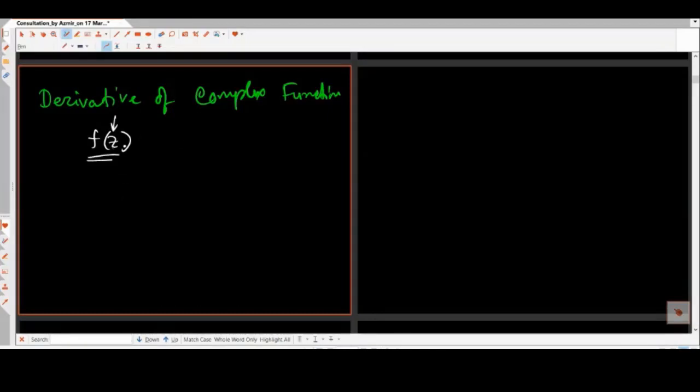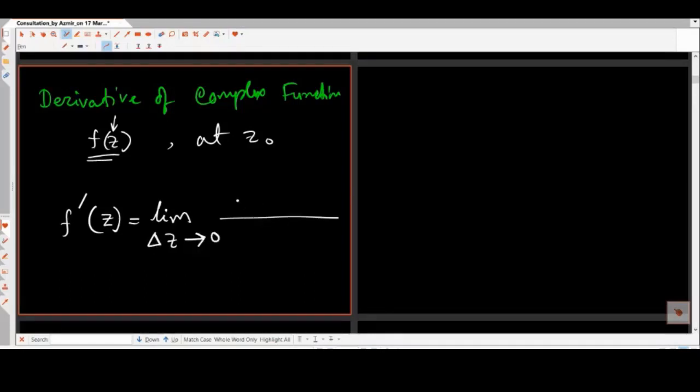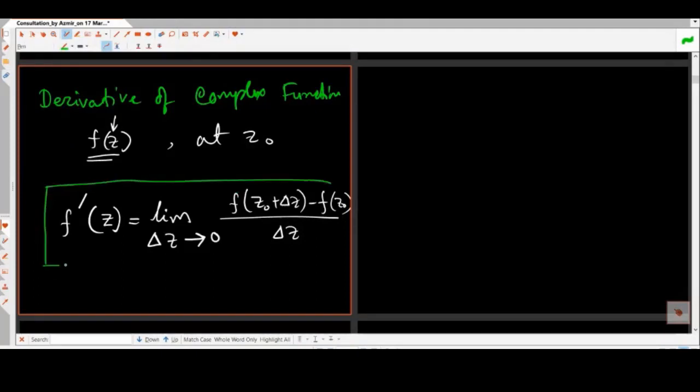then the derivative of f(z) at z naught is denoted by f prime(z), the first derivative of the complex valued function f(z). This can be defined as the limit as delta z tends to 0 of [f(z naught plus delta z) minus f(z naught)] over delta z. This is the definition of the derivative of a complex valued function.